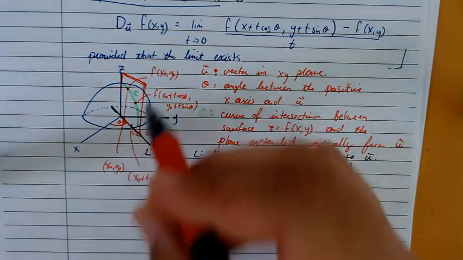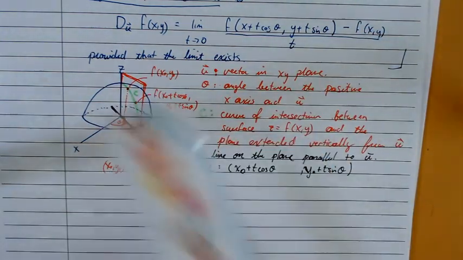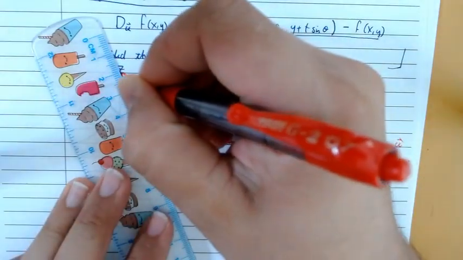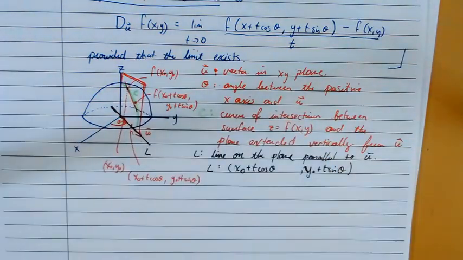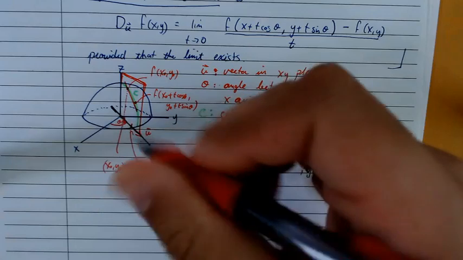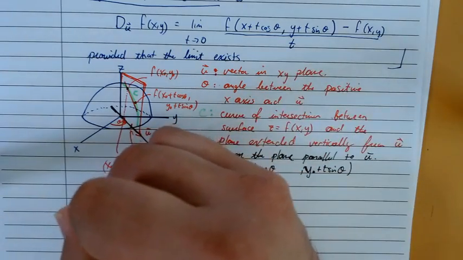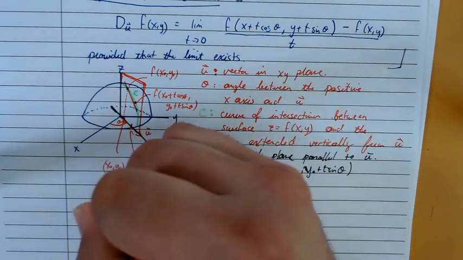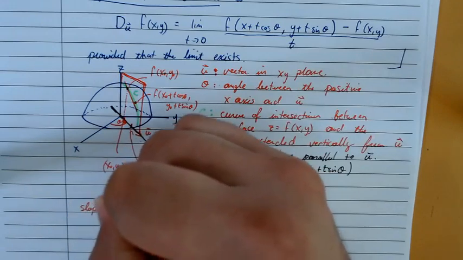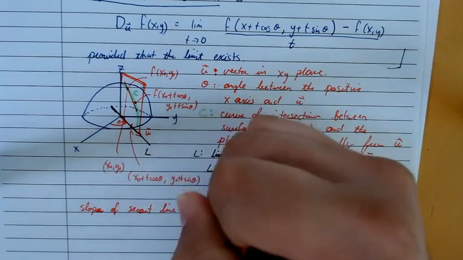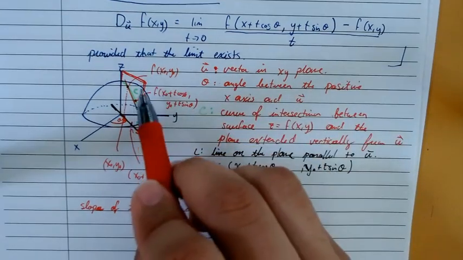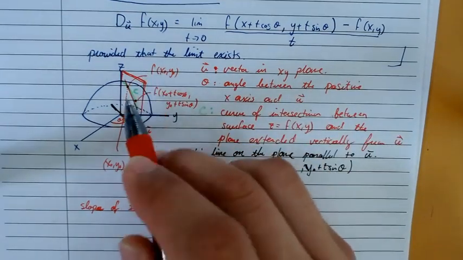Okay. So now to find the slope of that line, you're simply taking the change in the y values over the, or I guess in this case the change in the z values, the change in the height over the change in the base. All right, so then the slope of the secant line is, all right, we're going to take the change in your heights.